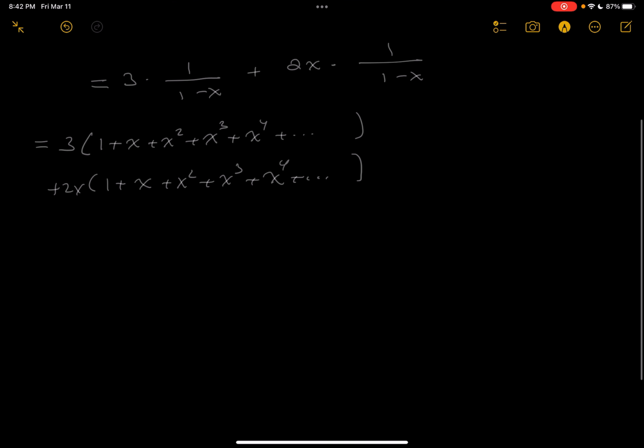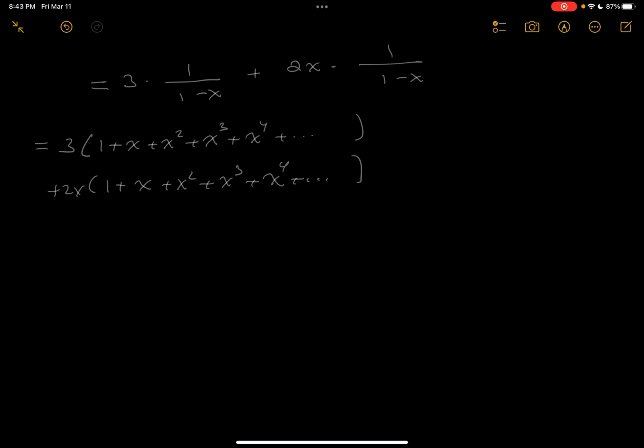All right? So the first problem, we'll kind of expand it. You get 3 plus 3x plus 3x squared plus 3x cubed plus 3x to the 4th, yada, yada, yada. Let's write the other one down. I have to multiply it out, right?